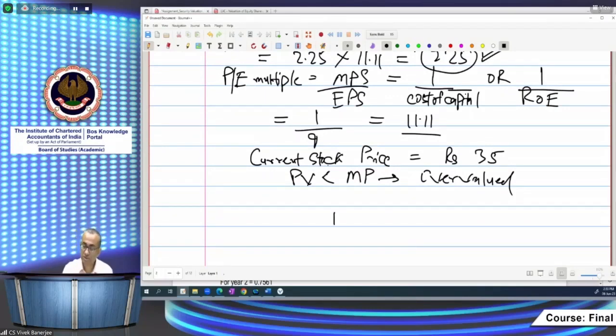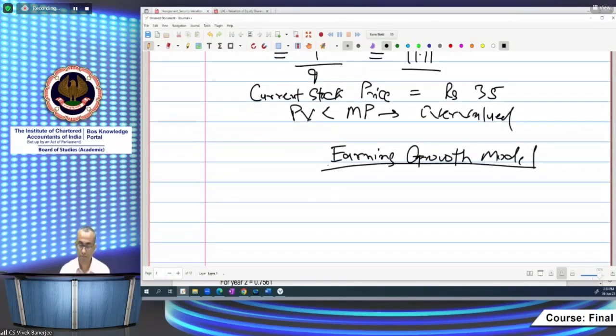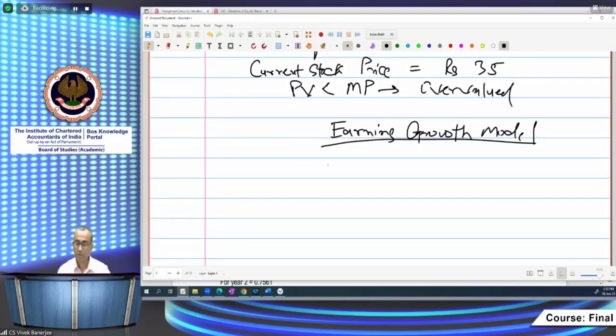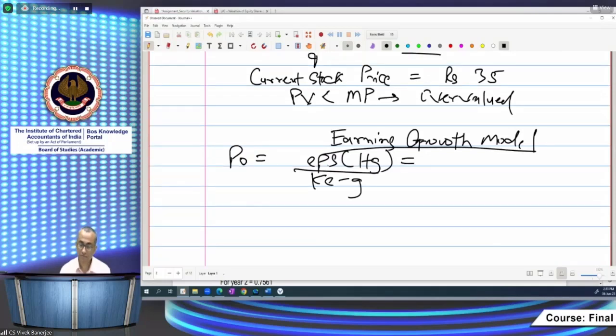Now solve this question as per the earning growth model. In the earning growth model, P0 is equal to EPS 1 plus growth rate upon KE minus G. EPS is given in the question, 2.25.